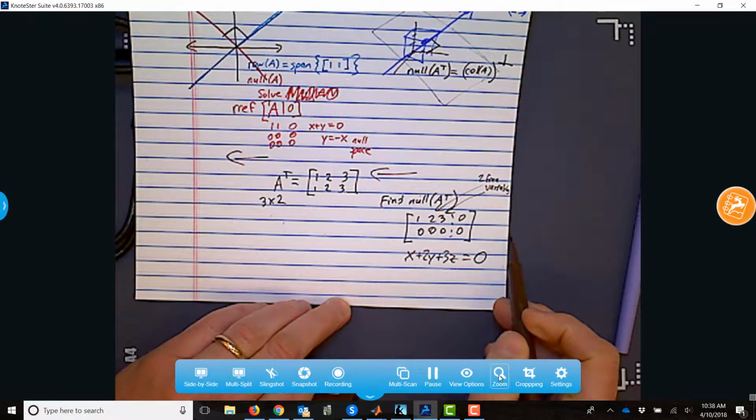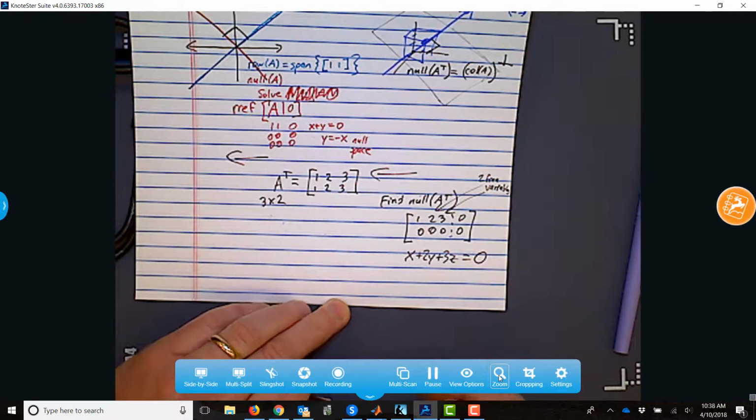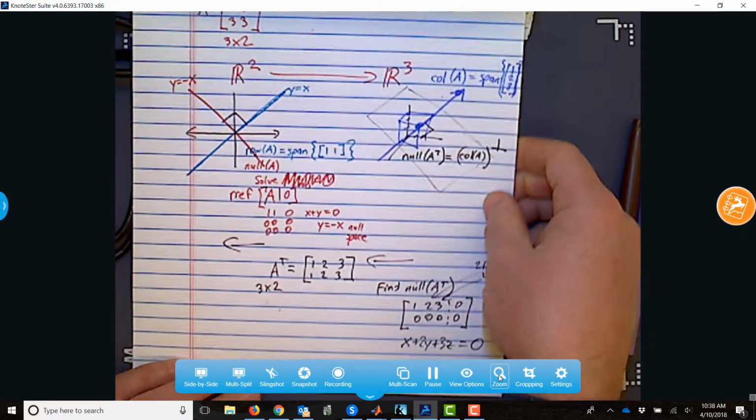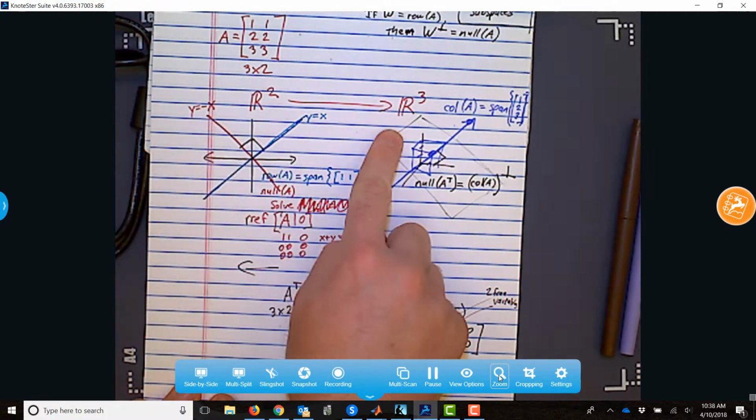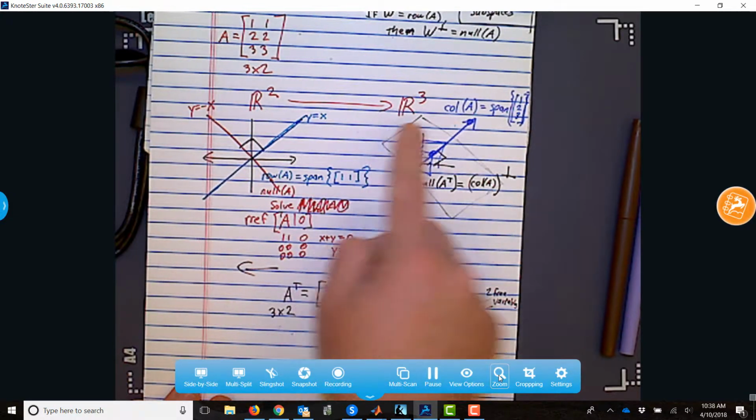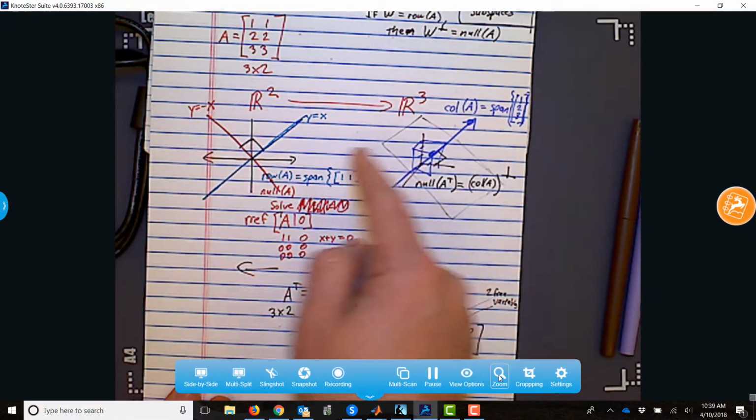So you don't have to have the same number of dimensions, and in this example you don't, right? A and A transpose behave very differently. A is a map from R2 to R3, but what's A transpose? It's a map back from R3 to R2.